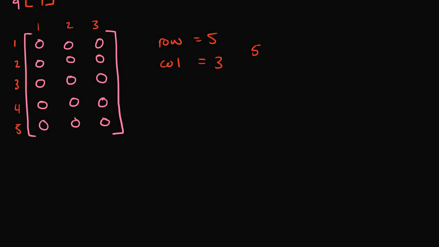So this is a 5 by 3 matrix. But this is actually a pretty special matrix, and it is called a zero matrix. A zero matrix is simply a matrix of any size that has all zeros for its elements. This is also sometimes called a null matrix. We'll get to zero matrices and null matrices a lot later in this course, but for now, at least you know what it is.